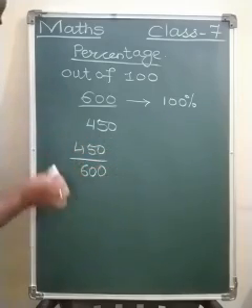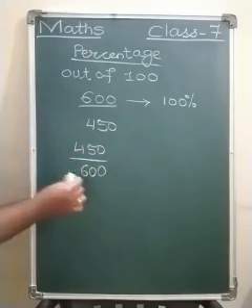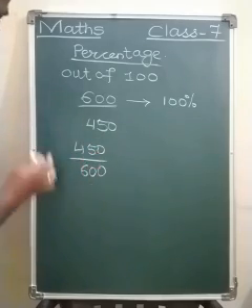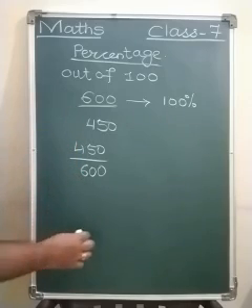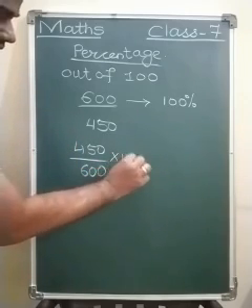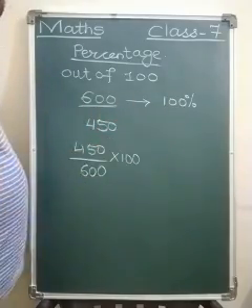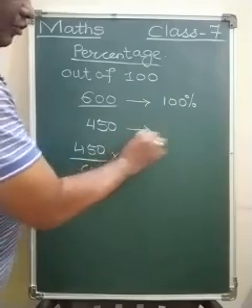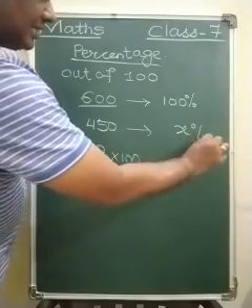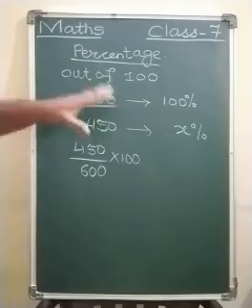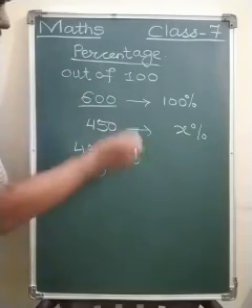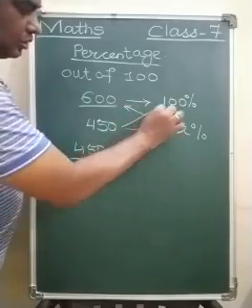Now again, this is a fraction. The easiest way to convert a fraction number into percent is that you multiply this with 100. Or for 600, 100%, then for 450, x%. Why this formula comes: we cross multiply these both.